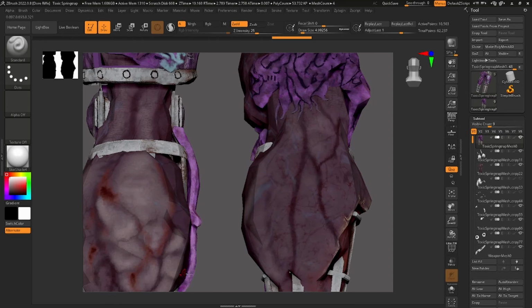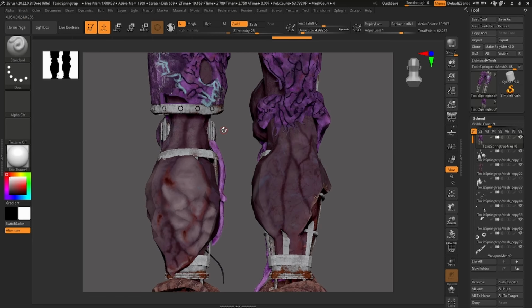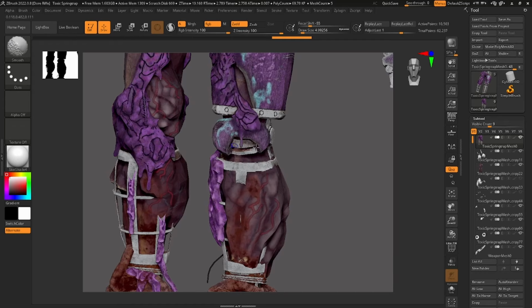Given the toxic nature of the skin, it could be an inflammatory reaction to the corrosion and toxicity, if not straight up diseased.